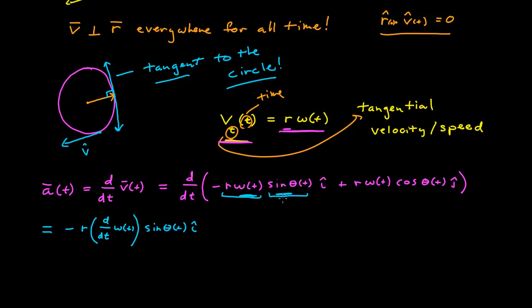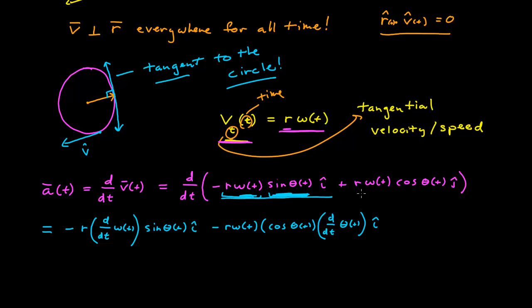And then we have the derivative of sine, so minus r omega t. Now this we need the chain rule, and so that gives us cosine theta of t times, again, the derivative of theta, chain rule. And again, this is I hat. So that's our two terms for using the product rule for this.